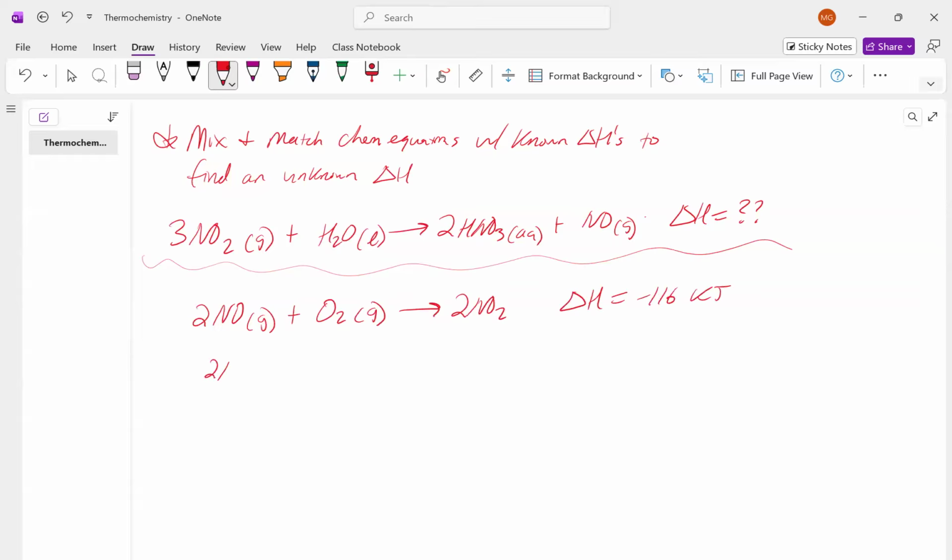And then I know the enthalpy for this reaction. So delta H is negative 256. And then finally this reaction.